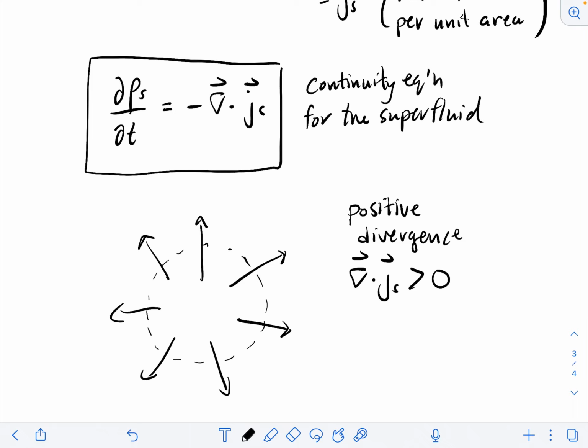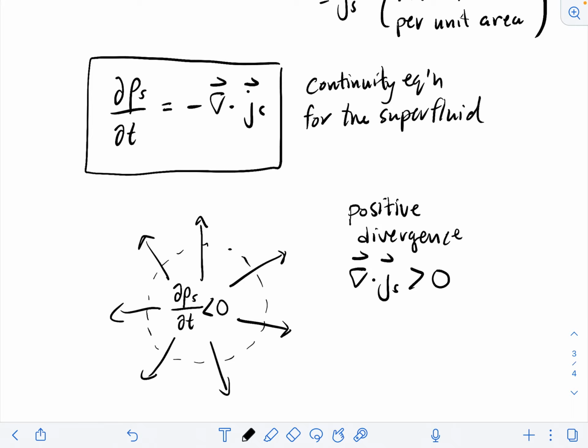And so if that's happening, then we'd be losing density inside of that sphere. The fluid would be flowing out, and so therefore the density would be decreasing, and so that's the reason for the minus sign in the continuity equation. And so at least that's consistent. Okay, good.